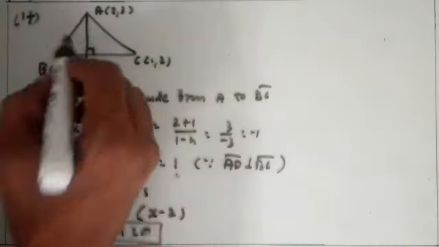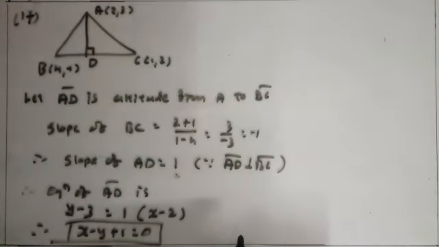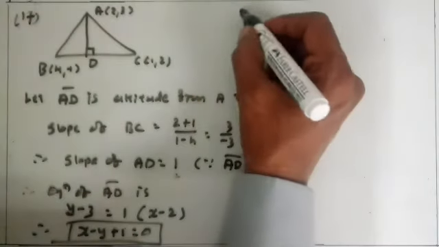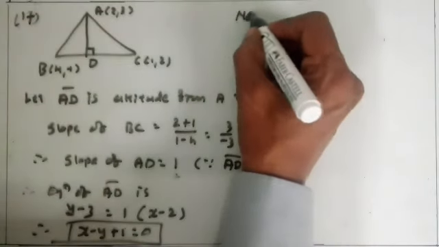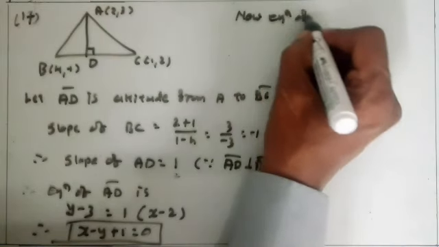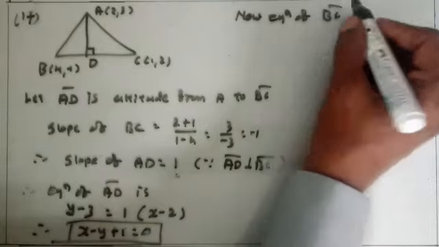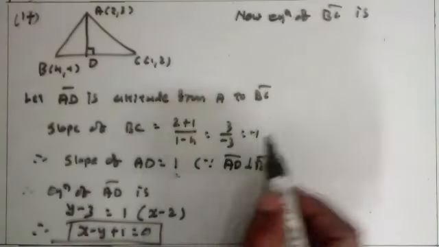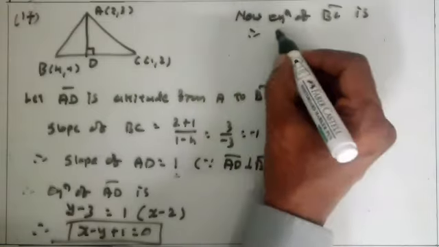Now find the length of the altitude. For this, we first get the equation of BC. We know the slope of BC is -1.